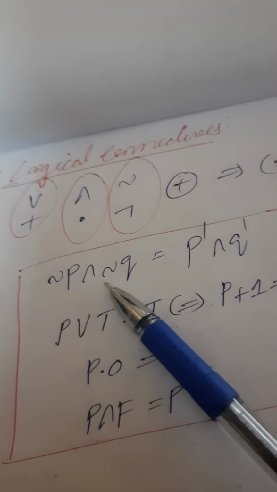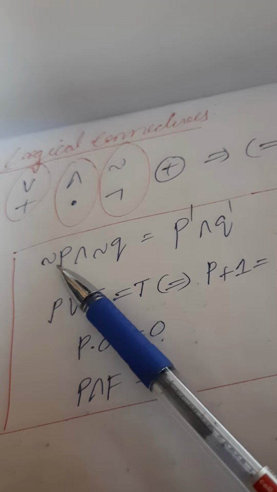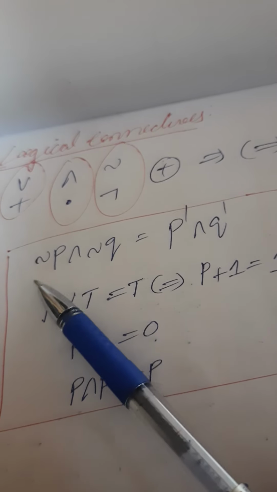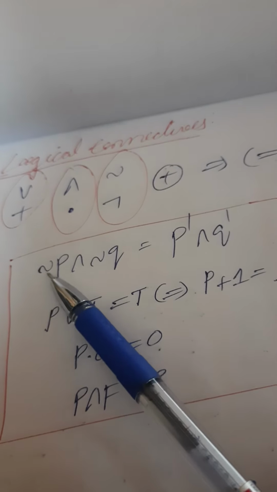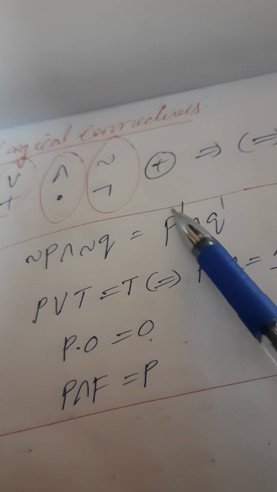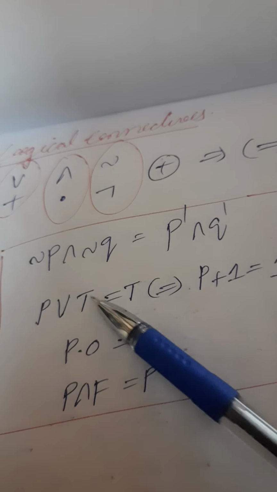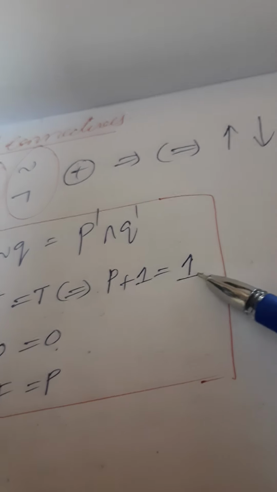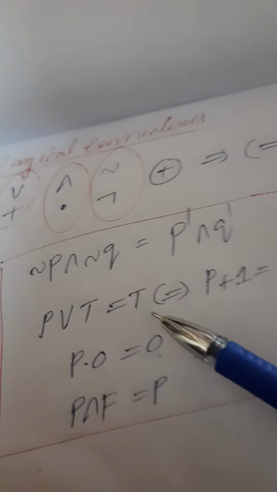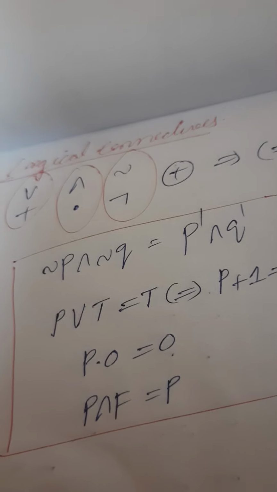We can write whatever we want using this negation symbol. This is negation P intersection negation Q. We can write like this also, negation P intersection Q. P or T, T means 1, true means 1, P plus 1 is equal to 1. P dot 0 is equal to 0, P intersection P is equal to P. I will explain these formulas here.